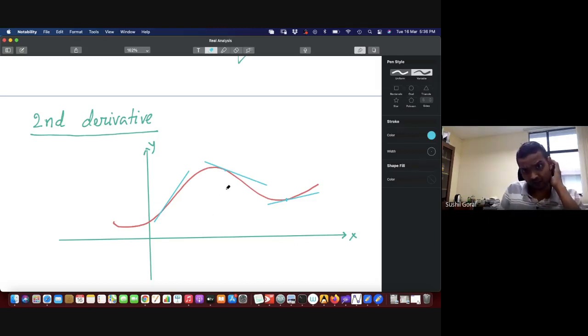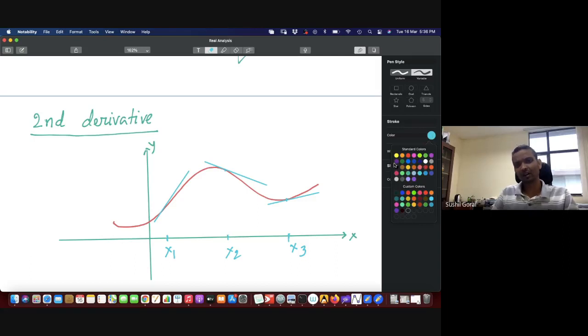So the interesting point here is that, call this point x1, this point x2, and this point x3. Do you see three different behaviors here of the graph, with respect to the tangent line?